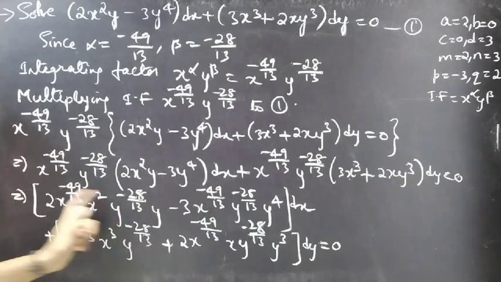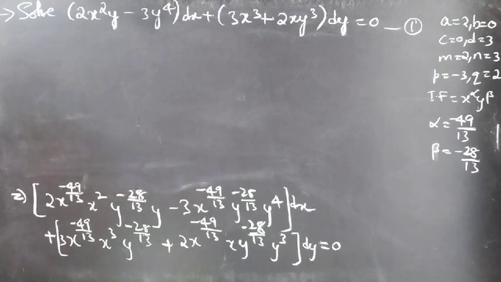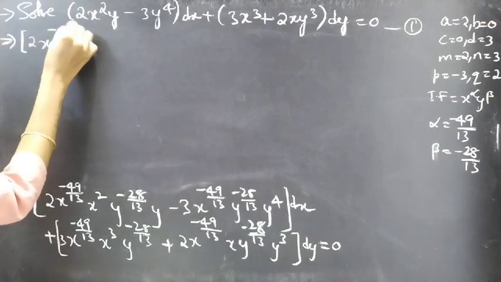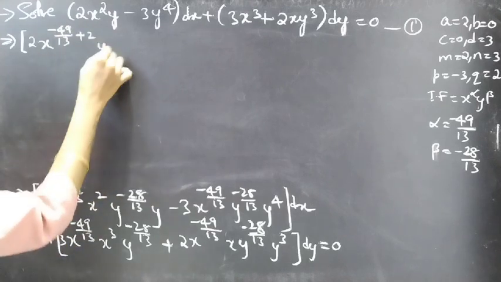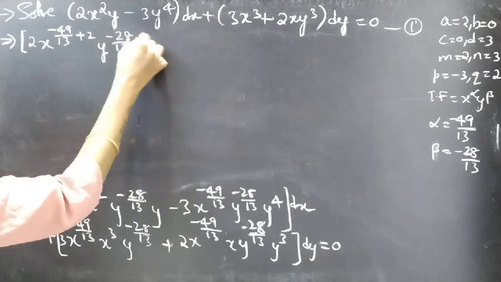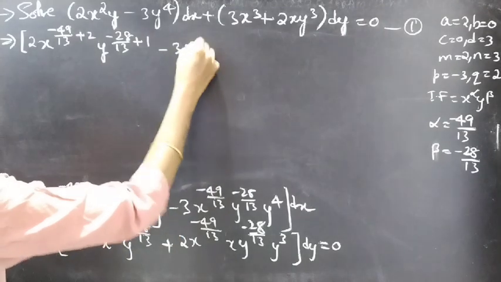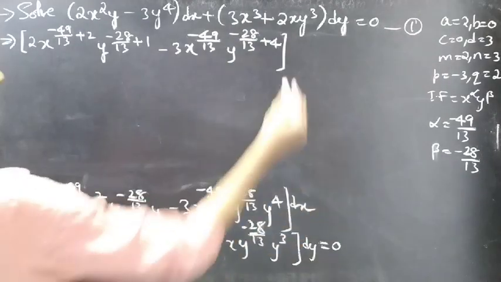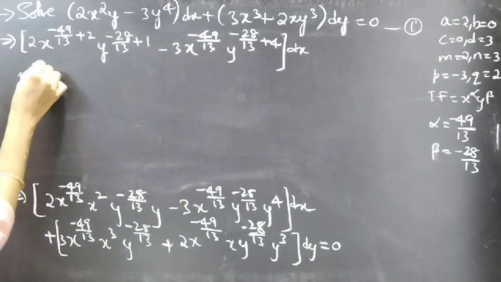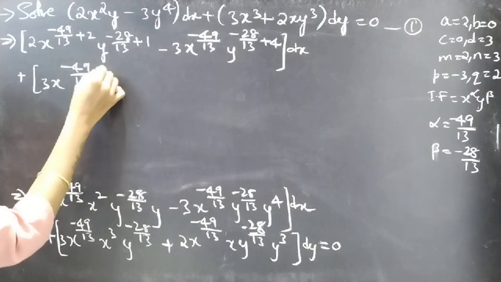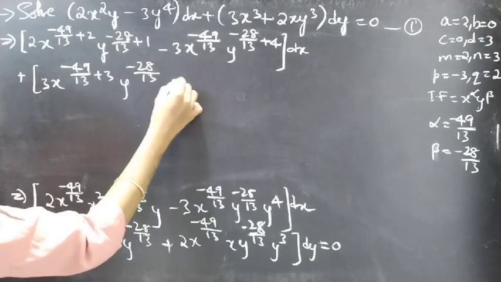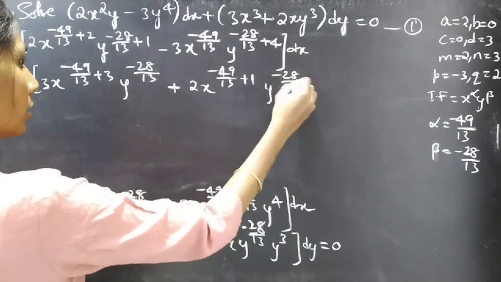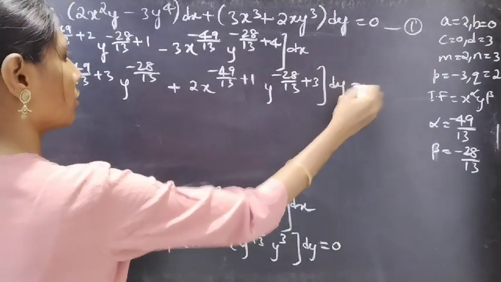Okay, if the bases are equal, just add the powers. This gives us 2x power minus 49 by 13 plus 2 y power minus 28 by 13 plus 1 minus 3x power minus 49 by 13 y power minus 28 by 13 plus 4 into dx plus 3x power minus 49 by 13 plus 3 into y power minus 28 by 13 plus 2x power minus 49 by 13 plus 1 into y power minus 28 by 13 plus 3 into dy equal to 0.